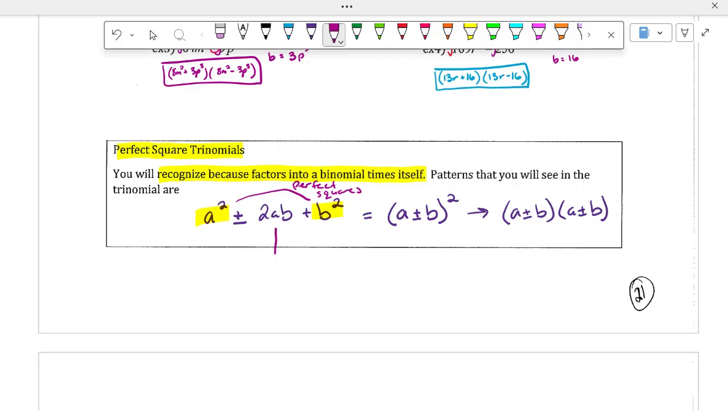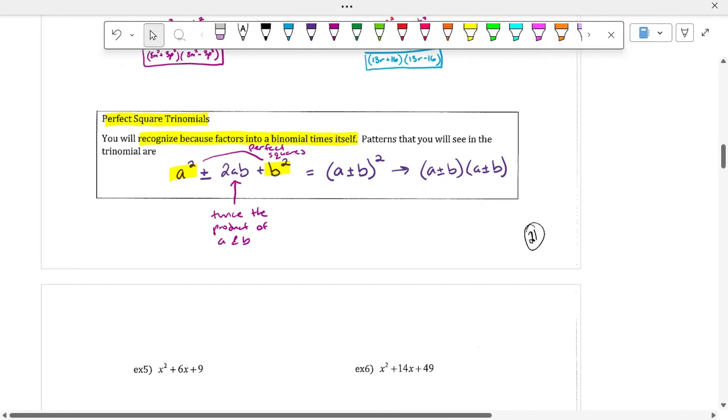Your middle term is going to be twice the product of a and b. Meaning, if you took the square root of the first and last term and multiplied those two square roots by 2, that's what you would get in the middle. So, how do I factor this? Well, let's look.